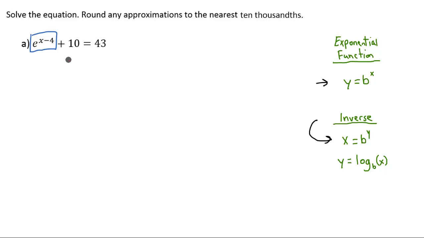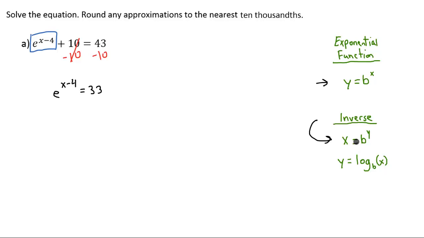So enough talk, let's go ahead and do this. I'm going to subtract 10 from both sides, so that goes away, and then I'm left with base e to the x minus 4 power, which equals 33. Now I'm going to switch forms, so I go from exponential form right here to log form.